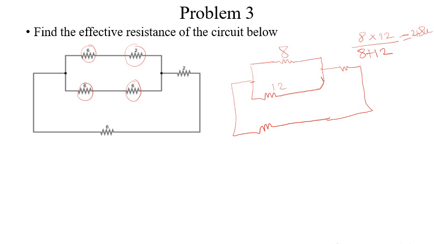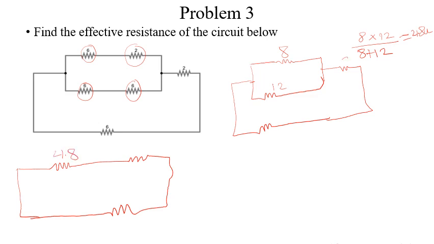So we redraw our circuit again. We now have this, then back, where this now becomes our 4.8. What was the value of this? It was 2, and here was 6. So here is 2, here is 6.